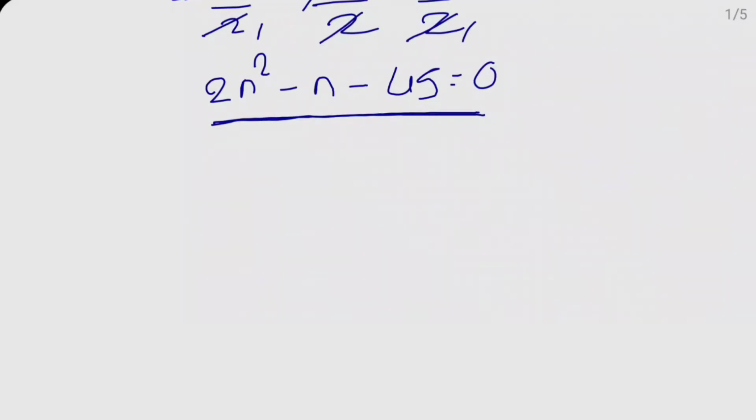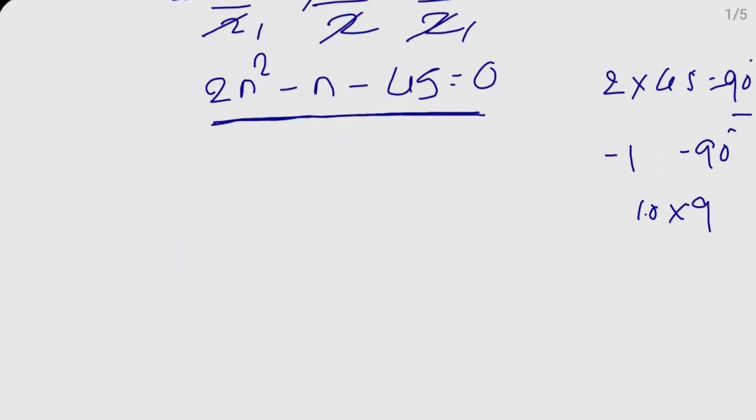So here we want in a multiplication 2 into 45 is 90. In a multiplication we want minus 90, and add or subtract we want minus 1. So factors are 10 into 9.